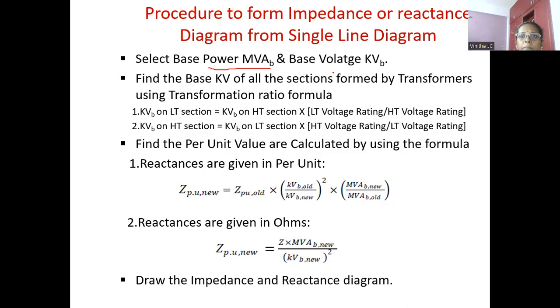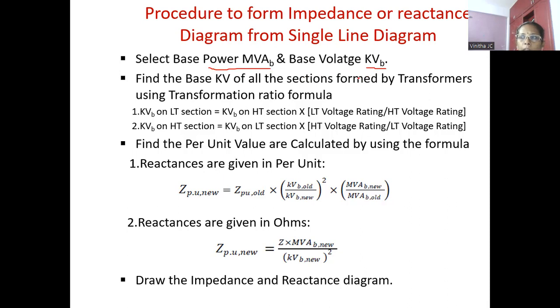And the second step is nothing but we need to choose KVB. So how to choose KVB? Suppose the KVB value is not specified in the problem, then we need to choose the voltage of the highest section of the single line diagram. Normally the highest section in the single line diagram is the transmission line.